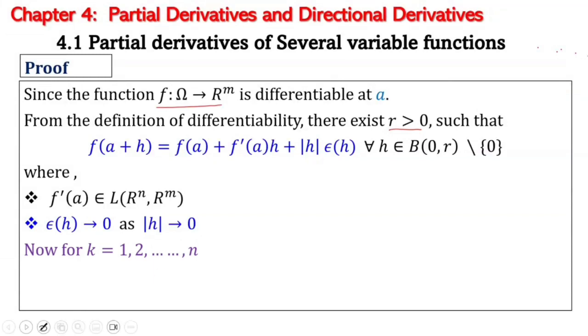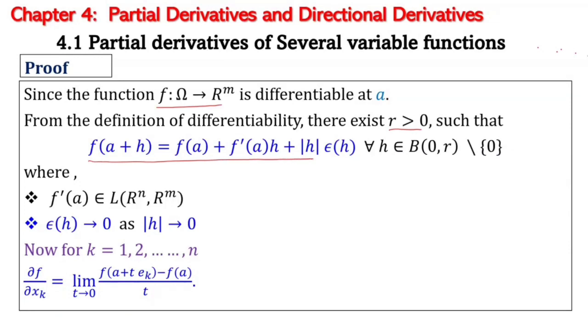Now for k equal 1 to n, we have del f del xk is equal to limit t tends to 0 of f of a plus t ek minus f of a over t. So this is from the definition of the differentiability of a function, and we have that this f dash a is linear from Rn to Rm, and this epsilon h will go to 0 when absolute value of h tends to 0.